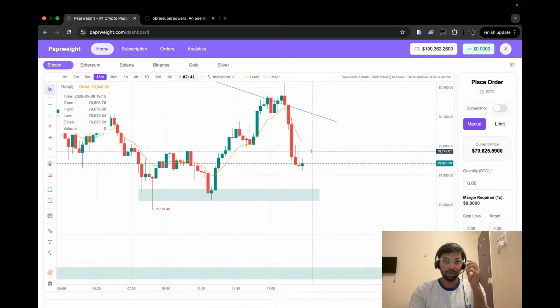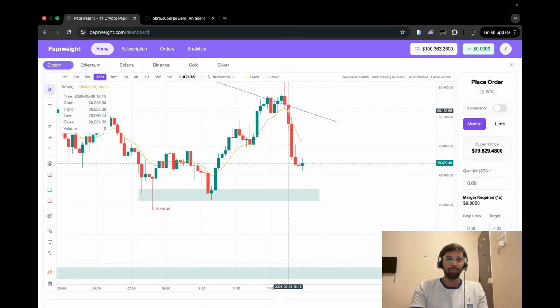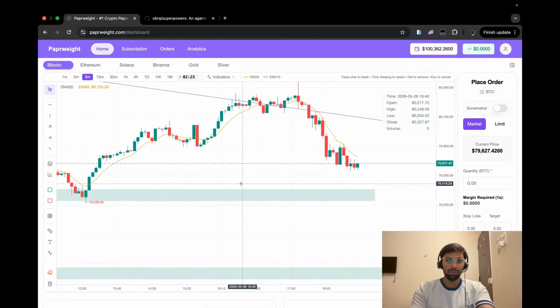One thing is for sure: if we punch a trade over here at 615, then we are enjoying a good amount of profit. But nonetheless, let's wait for the right setup. So let's do it on the 5 minute time frame.